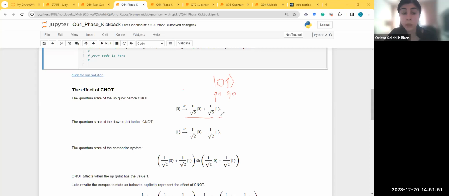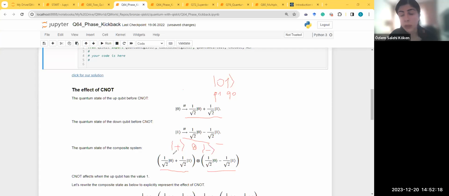This is also called the plus state. This is the state of the first qubit. And we apply Hadamard on this one, and this is the state we get, the state of the second qubit. So this is the state of the composite system: the plus state tensored by the minus state.